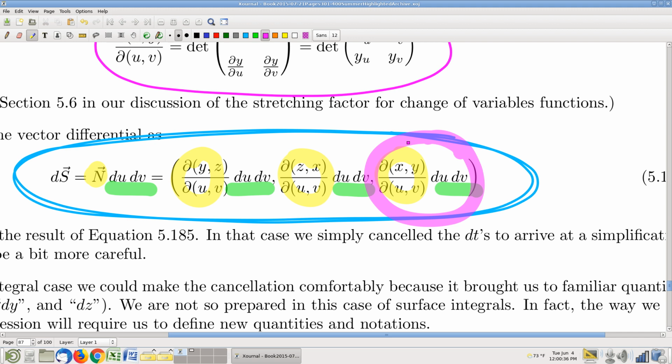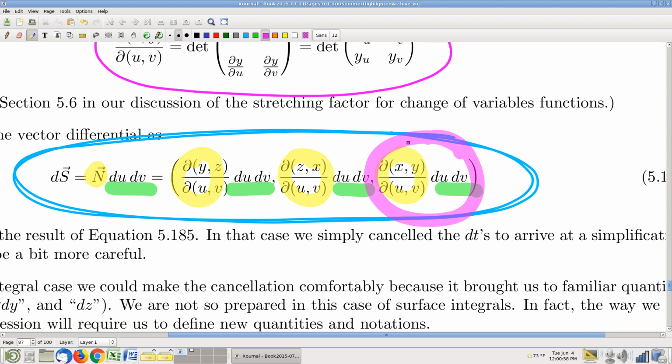But I'm a little uncomfortable with that because this notation here means change of variables stretching factor, and where is the change of variables? I mean, is there a function here? Am I actually viewing an area over here and an area over there? And is that what's really going on? Can you really do that?